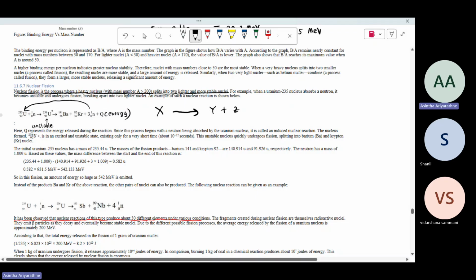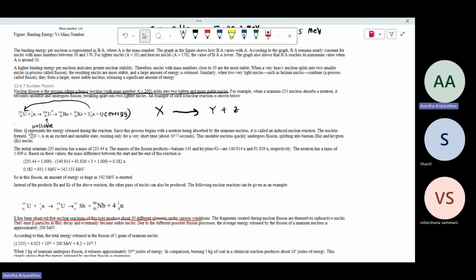There are more uranium atoms which have not yet been transformed to stable atoms, additional 92, 235 isotopes of uranium. So the neutrons released from the previous nuclear fission reaction could fall on other uranium nuclei which have not yet been transformed to a more stable nucleus, and that process could happen again.